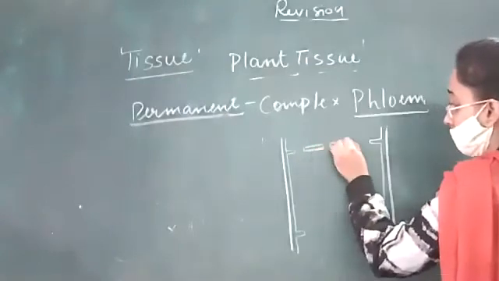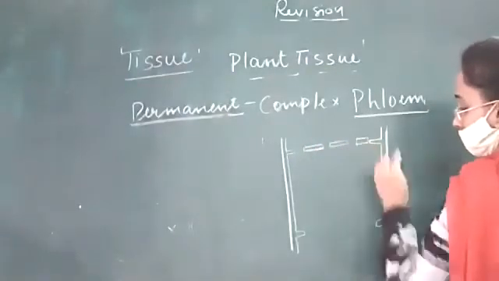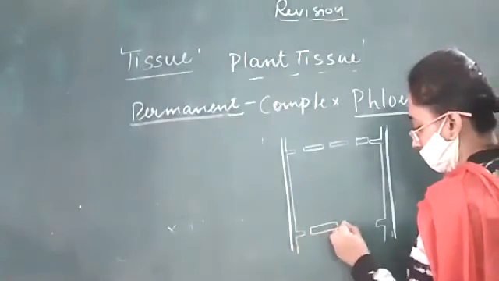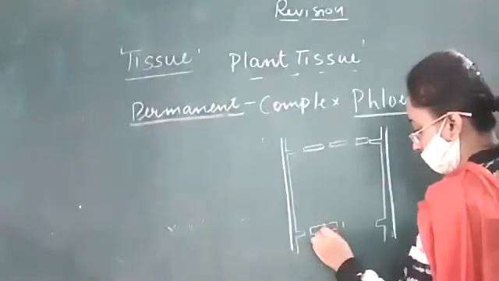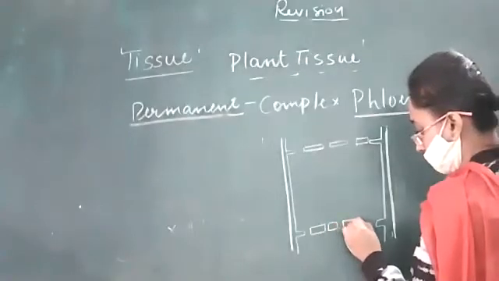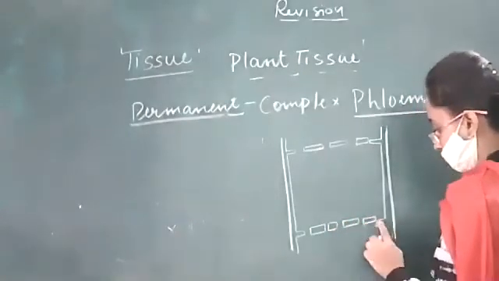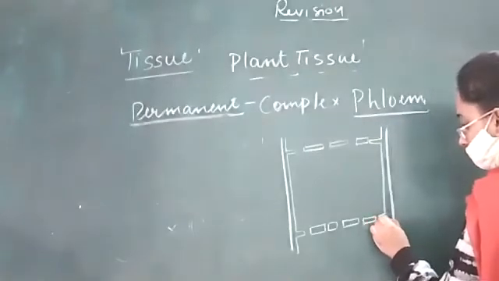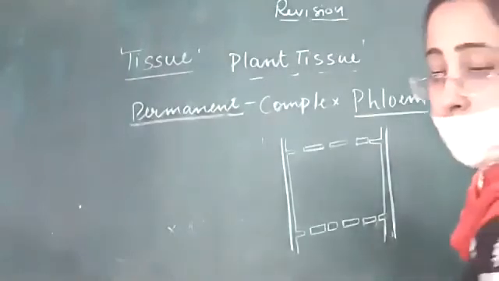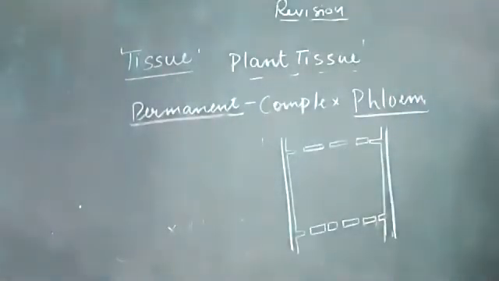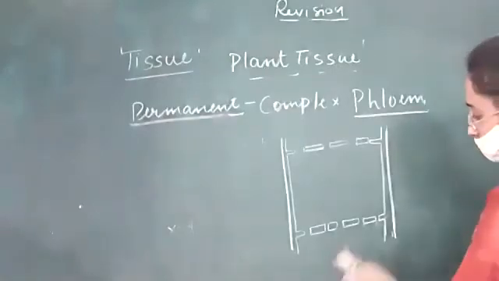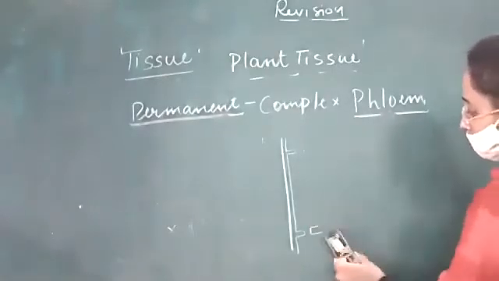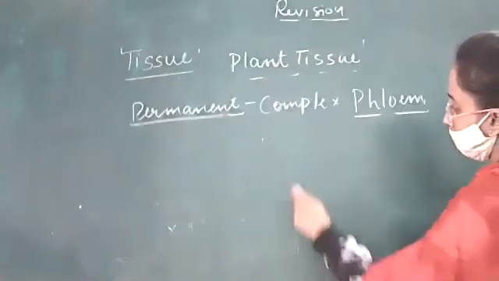I am drawing sieve plates. To make the conduction of the food easy, there are certain sieve plates present. I will draw again, as the lines are looking somewhat like this.